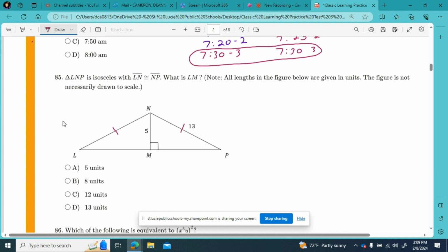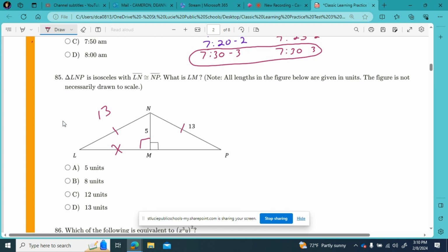This is our x. So if this NP is 13, then my LN is also 13. I can see that this is a straight line and this is a 90-degree angle. If this is a 90-degree angle, then our other side is a 90-degree angle as well because that's a straight line.